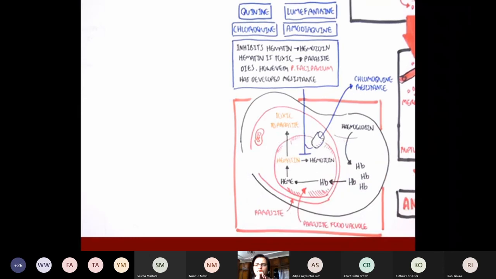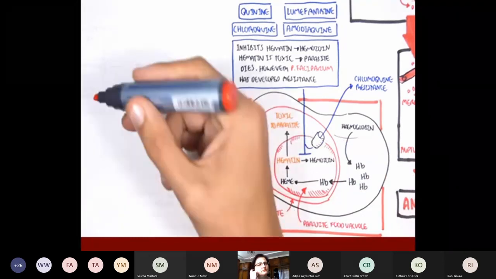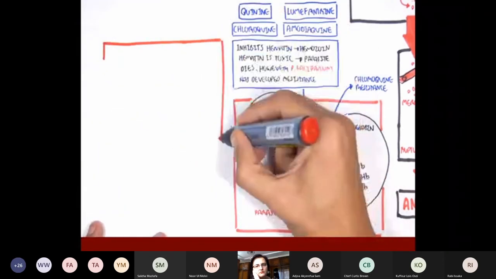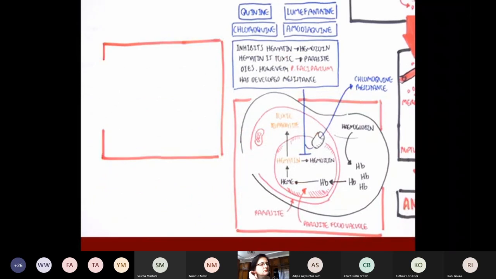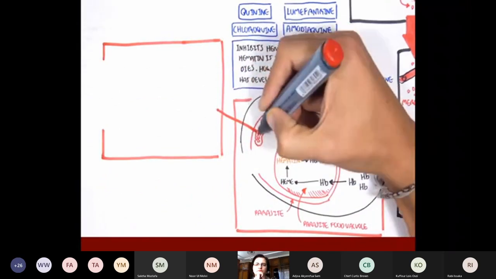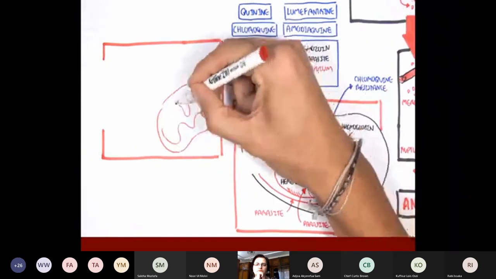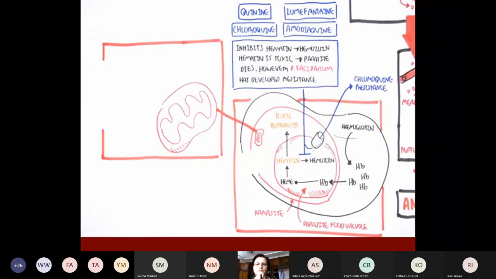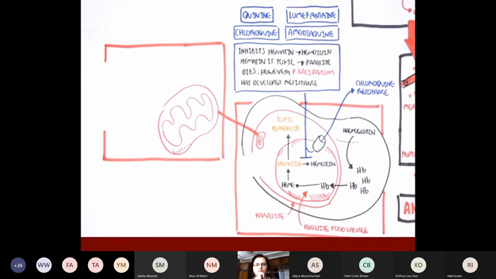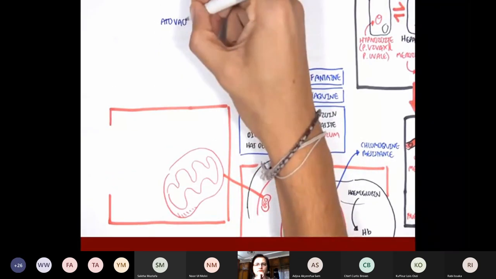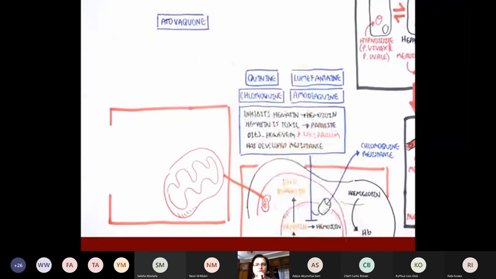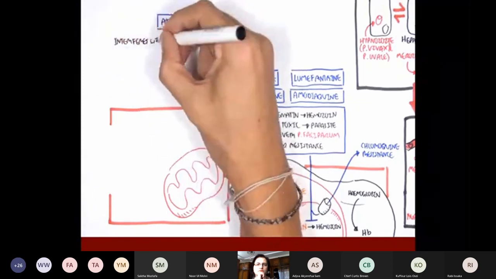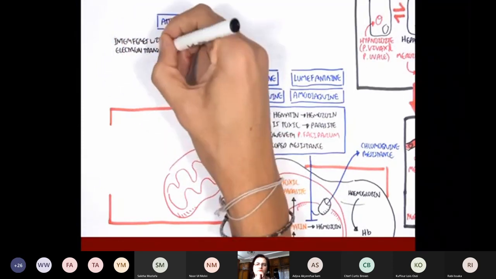The next antimalarial drug targets the mitochondria of the parasite. This drug is known as atovaquone, and it targets the cytochrome electron transport chain in the mitochondria.